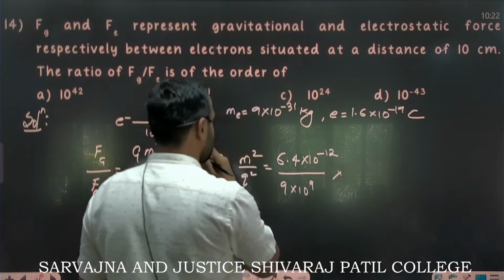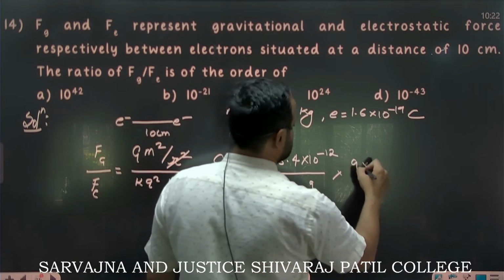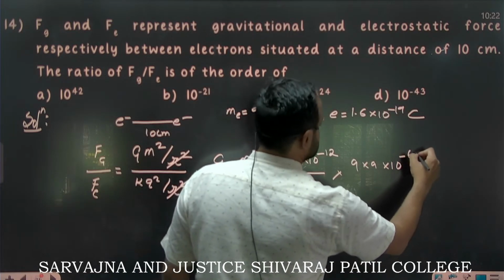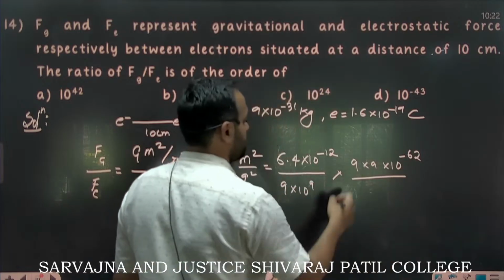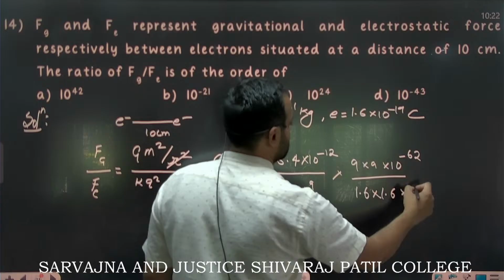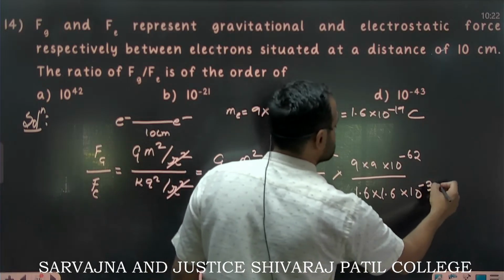Multiplied by m square, m square is 9 into 9 into 10 power minus 62, divided by this is 1.6 into 1.6 into 10 power minus 30.